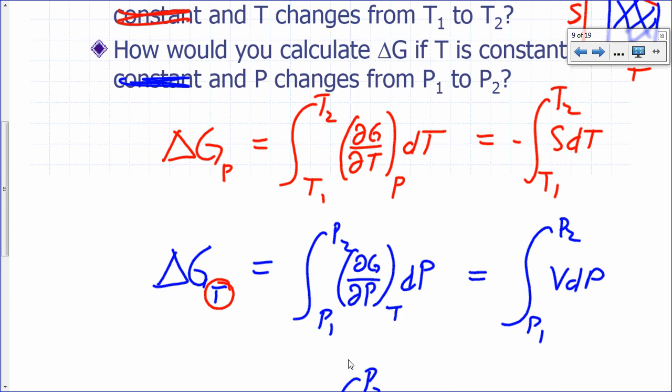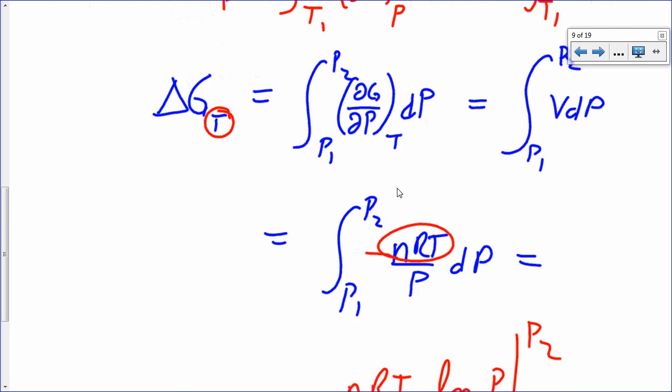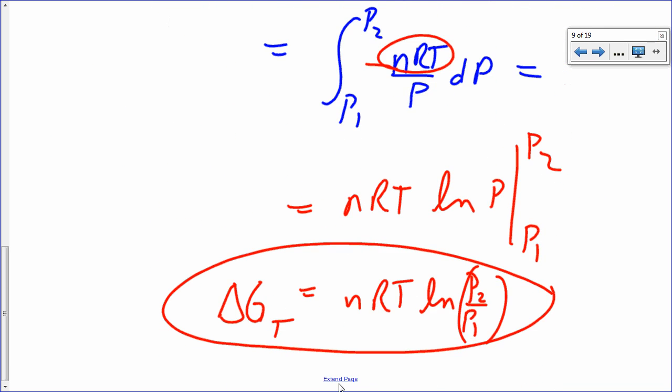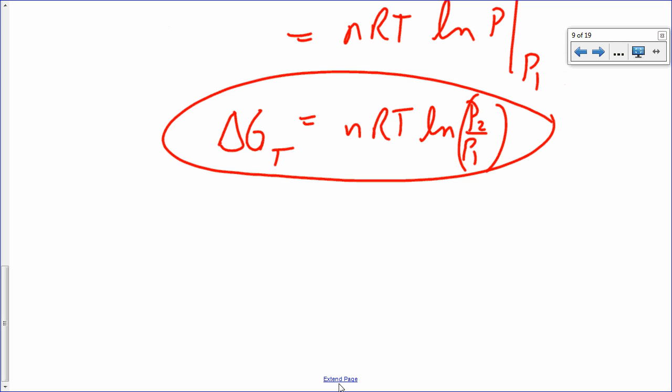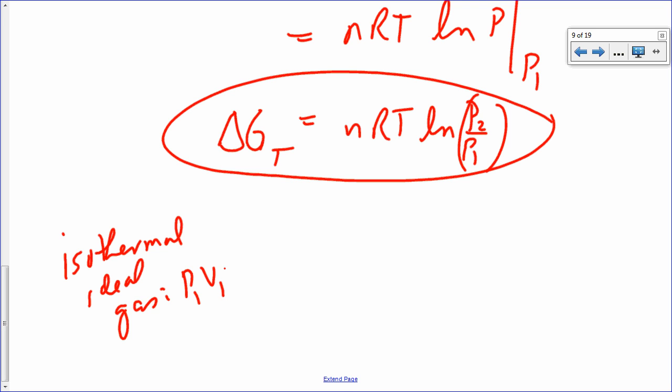Okay, so the pressure changes from P1 to P2. Since this is isothermal, what do we know about P2 and P1 in terms of volume? Boyle's law, right? Isothermal ideal gas, P1 V1 equals P2 V2.